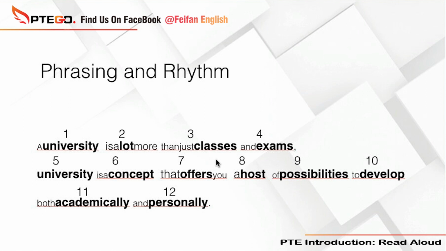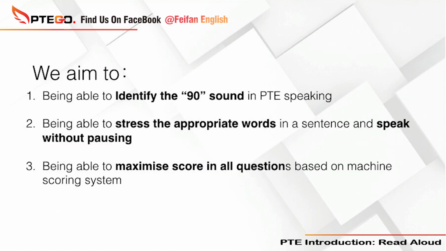Is a lot more than just classes and exams. Instead of saying and exams, you have clubbed two words together so that your emphasis, your stress, is on exams. If you take care of all these things, you can score very good marks in your PTE speaking.